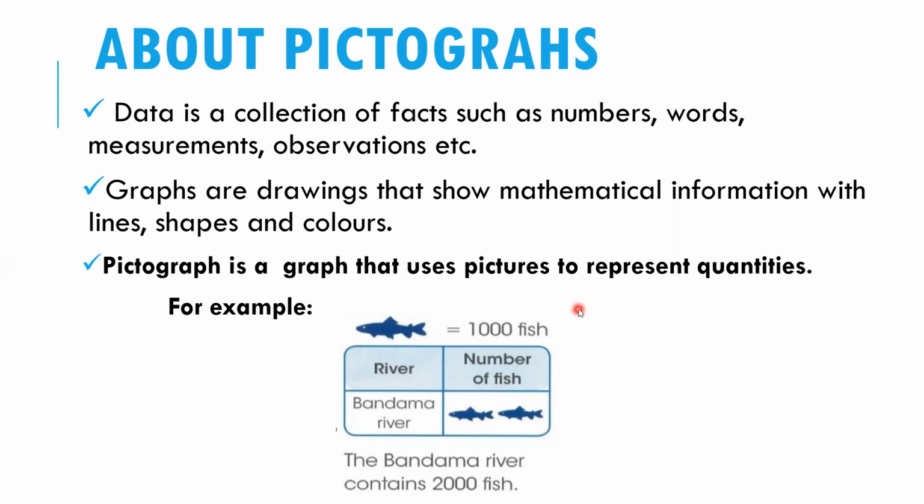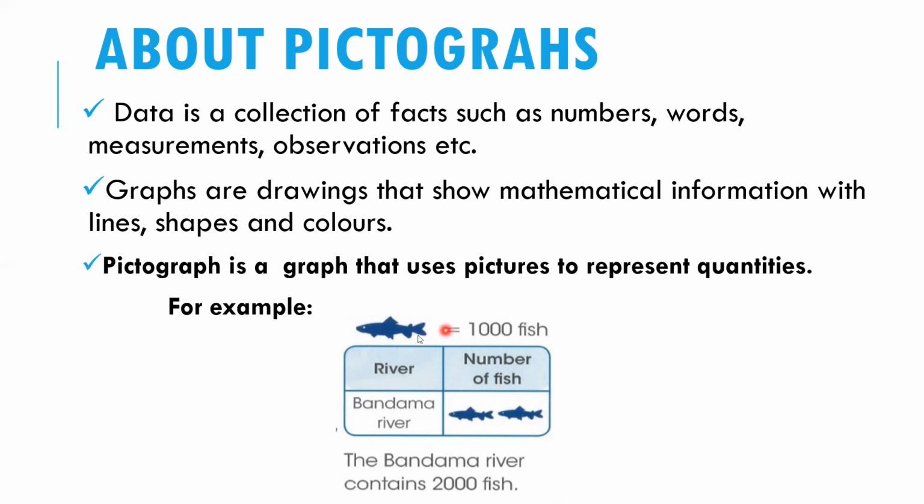Every graph has a scale, and only with the scale can we find what that graph actually tells us. So for understanding information from a graph, scale plays an important role. Here in this pictograph, 1 fish equals 1000 fishes. In Bandama river, they have given the image of 2 fishes.